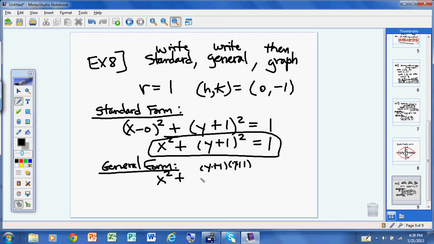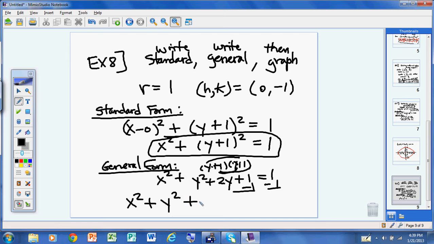So y times y is y squared, outside times outside is 1y, inside times inside is 1y, that combines to be 2y, and then last times last is positive 1 equals 1, but then remember you're subtracting 1 off of both sides, and so your general form ends up being x squared plus y squared plus 2y equals 0. And that's your final answer for the general form. And then they want us to show this graphed.